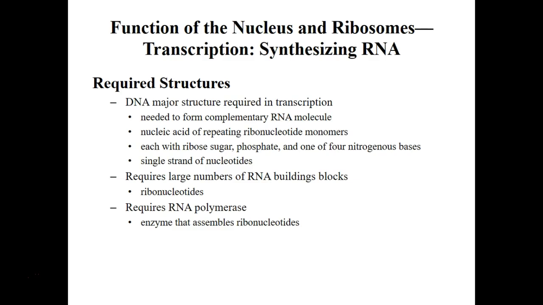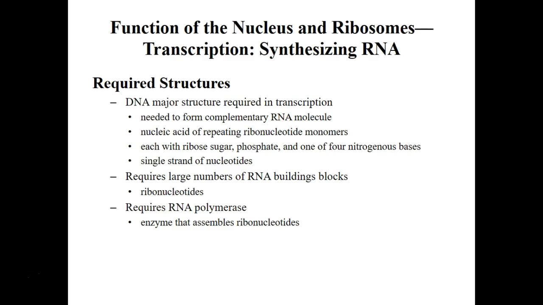So for transcription to occur, we have to have the DNA that codes for whatever protein we care about. We have to have nucleotides that will produce the RNA form of the DNA.